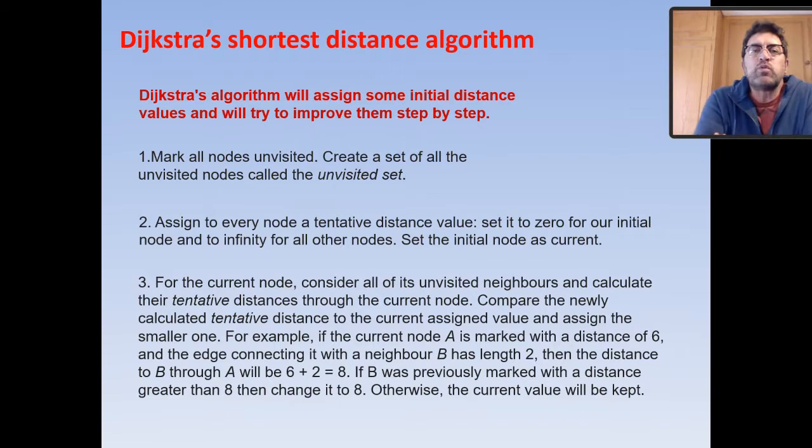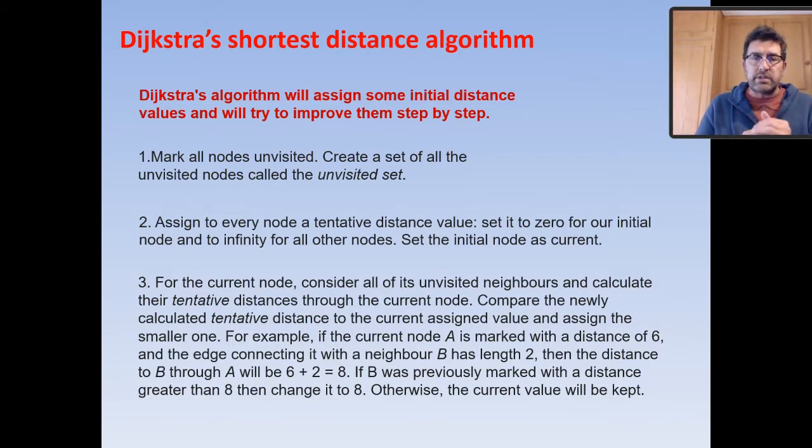Dijkstra's algorithm works as follows. You mark the nodes unvisited, all of them. Create a set of all the unvisited nodes called an unvisited set. Number 2, you assign to every node a tentative distance value. You set it to 0 for our initial node and then infinity for all the other nodes on the diagram.